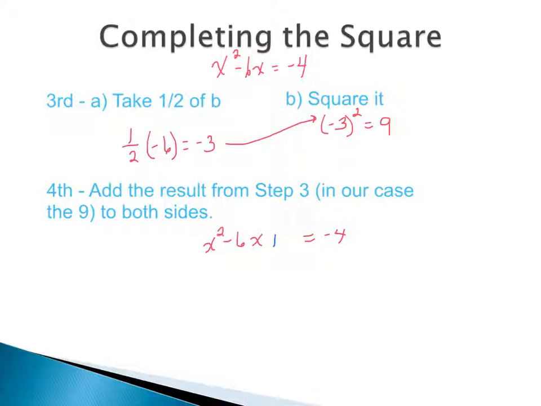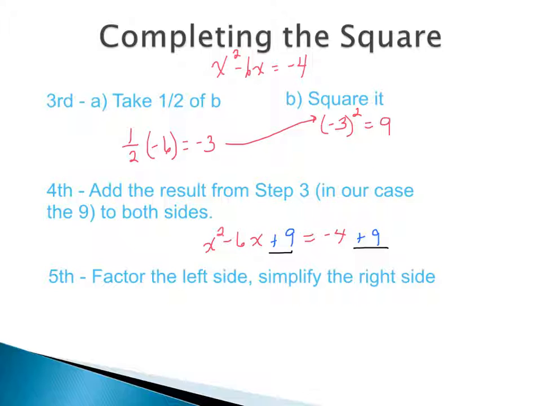I'm going to have a plus 9 on the left side and a plus 9 on the right, so be sure that we're adding it in both places. Once we get this new equation, we have x squared minus 6x plus 9 equals negative 4 plus 9. What we want to do is factor the left-hand side and simplify the right-hand side.